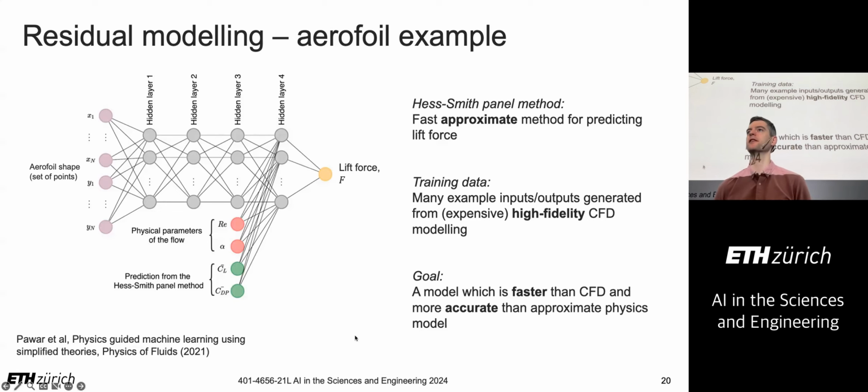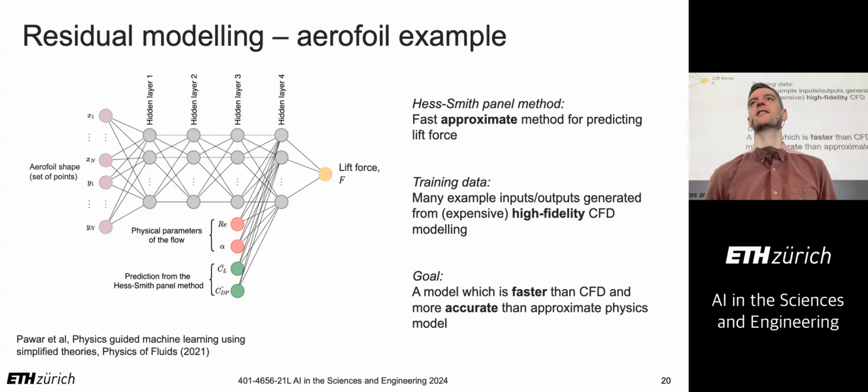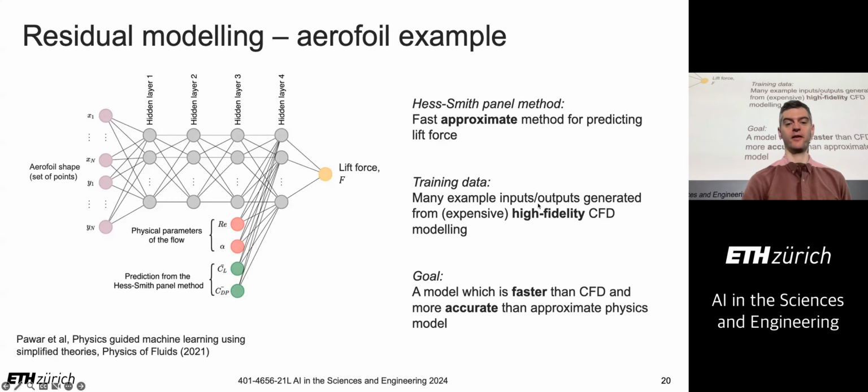So how do you think we should train this? What data should we use to train? Yeah. So I've written it here. So the way that they train this model is to generate a few examples of high fidelity, like CFD simulation data.